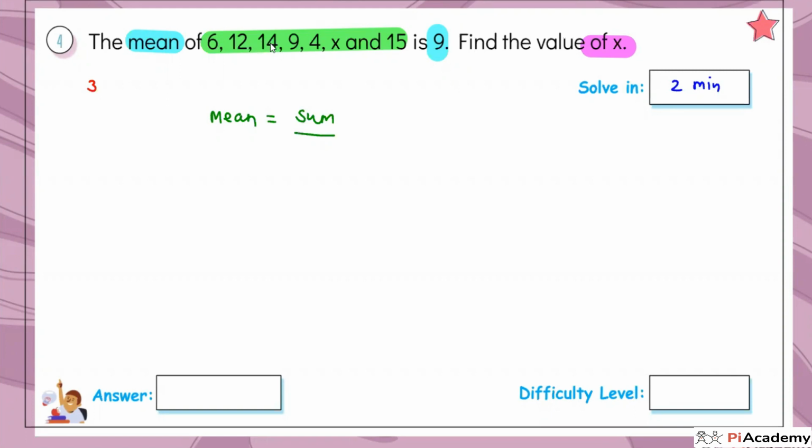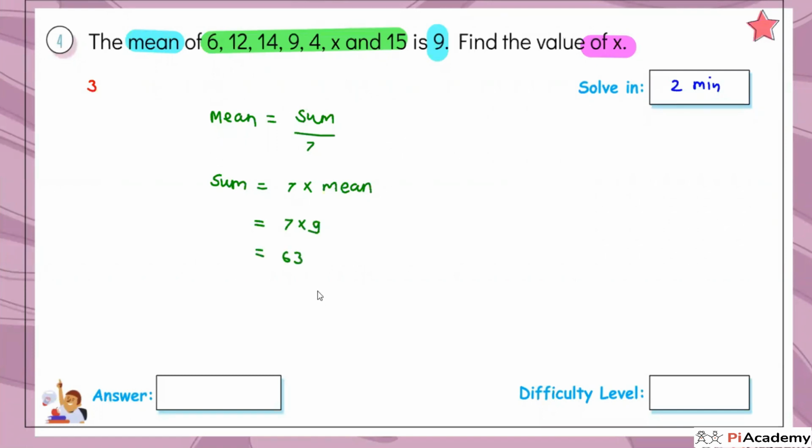How many numbers do we have? 1, 2, 3, 4, 5, 6, and 7 numbers, right? Here you already know the value of mean, so the sum is going to be 7 times mean. I'm just rearranging the given formula. So my sum is 63, because 7 times 9 is 63.